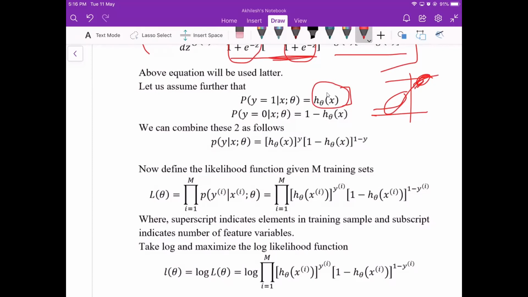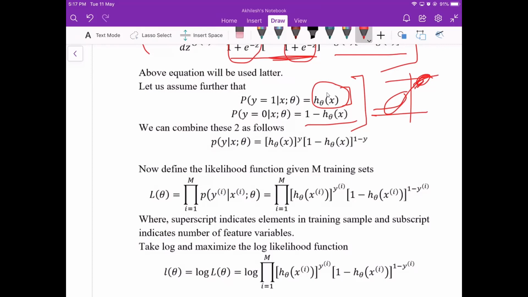The other one becomes: the probability of y equal to 0 is 1 minus h theta x. It just defines two functions over here. One is h theta, and the other is 1 minus h theta. One for the probability of y equal to 1, and the other for y equal to 0. Okay, this is very important.